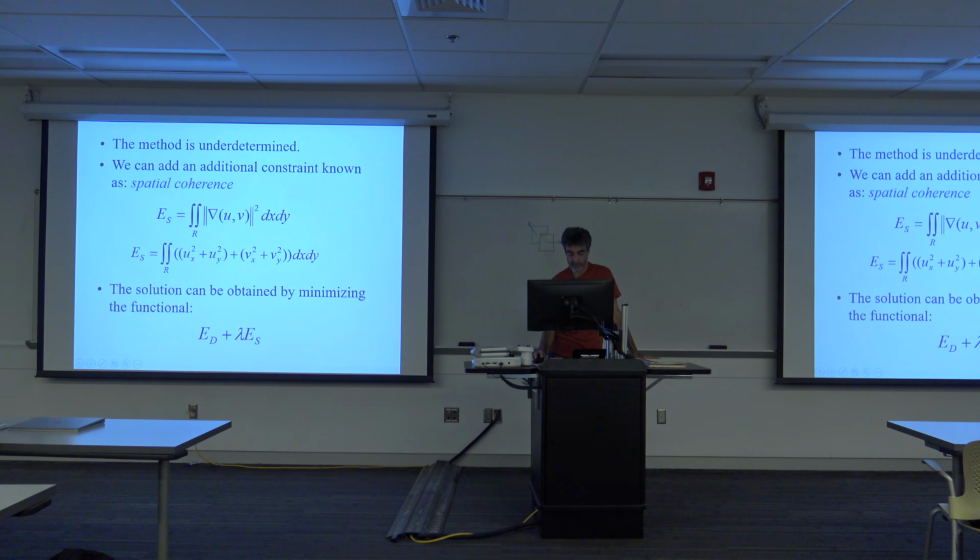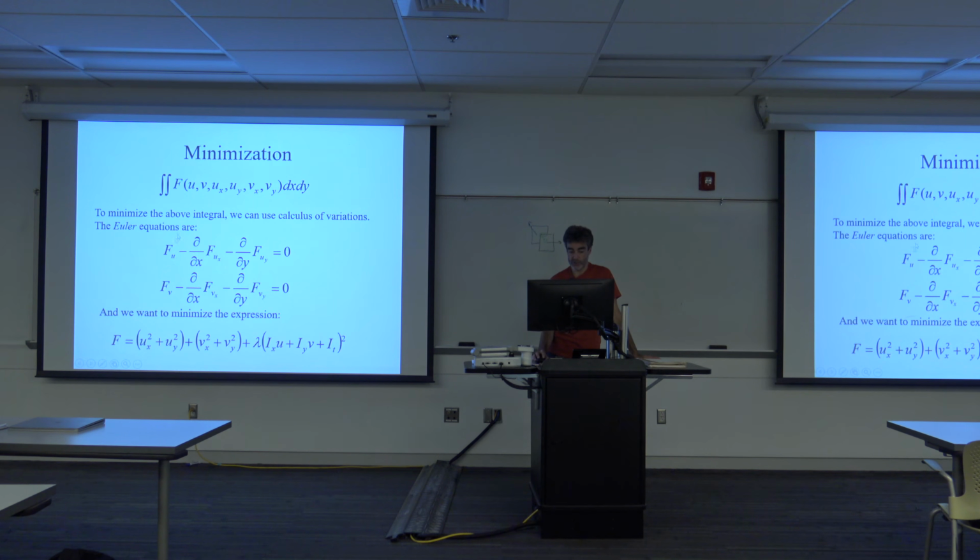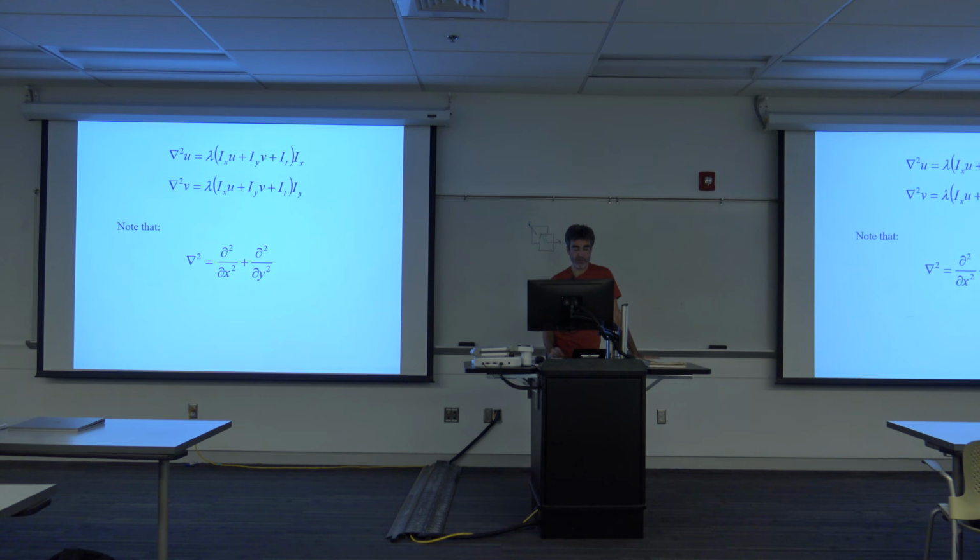So we combine these two functions, error functions, right? E_d and E_s, multiply E_s by some lambda, and then we solve this using gradient descent, as we have done before for nonlinear least squares, which means that we have to compute the partial derivatives of this error function, and that is the solution that we derived.